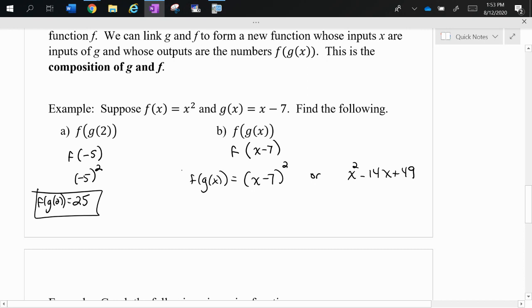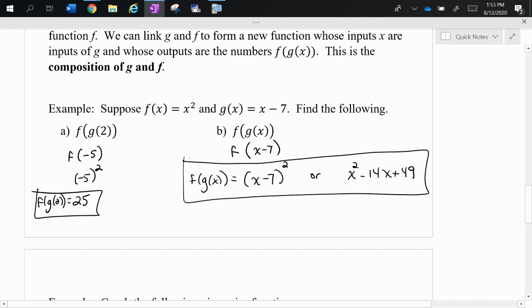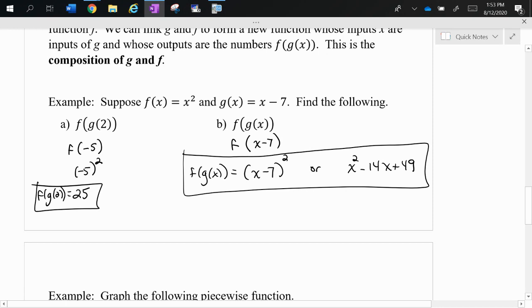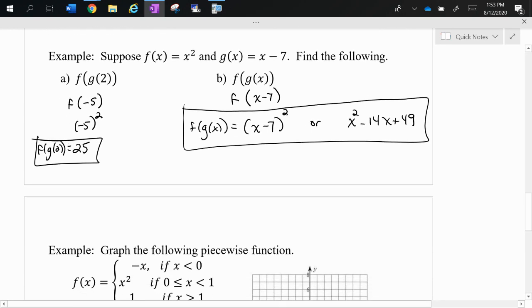Same thing. We remember that the inner function goes in as the domain of the outer function. The inner function, the function on the inside, becomes the domain of the outer function, the function on the outside. If you need help remembering compositions, I'll be more than happy to help you.